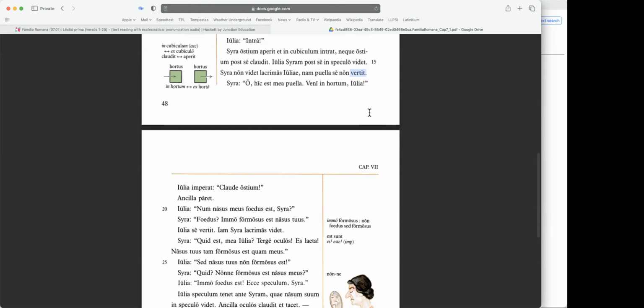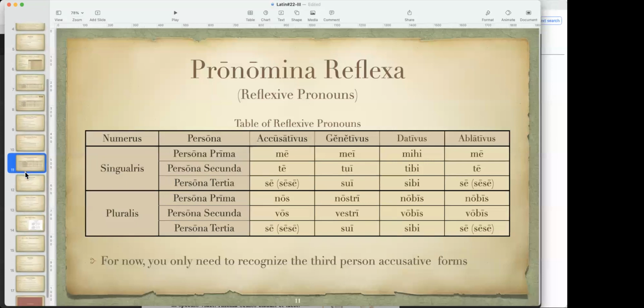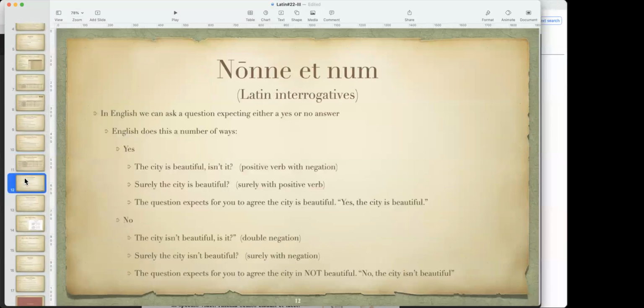All right. Let's talk about num and nonne. I hope this makes sense. Now, in English, we can ask a question expecting either a yes or no answer.